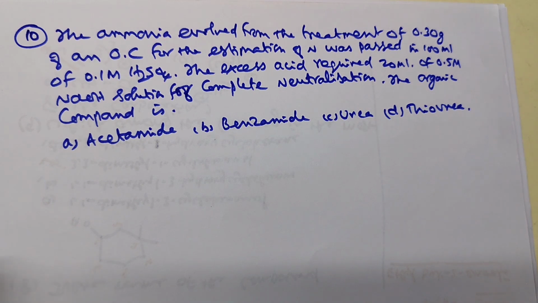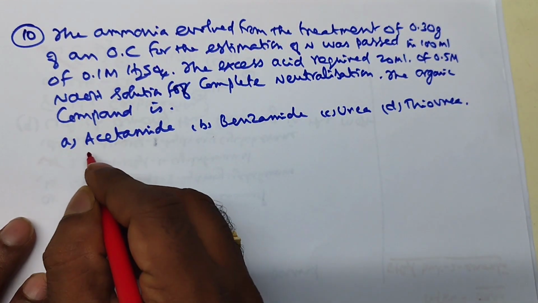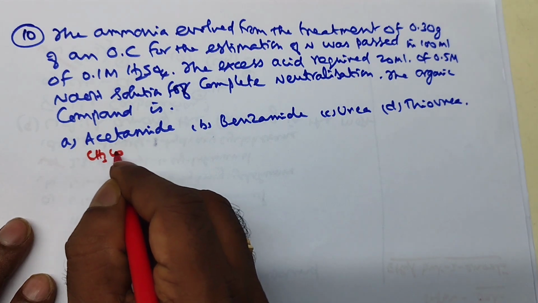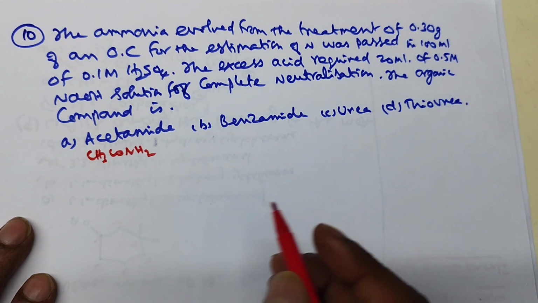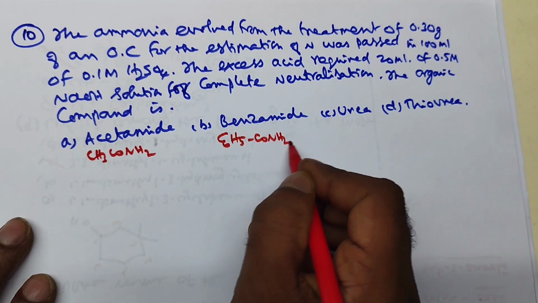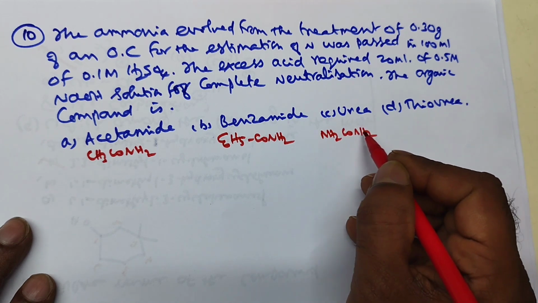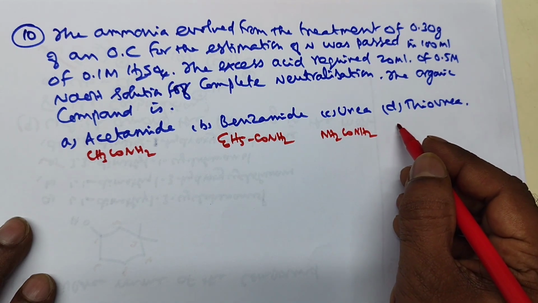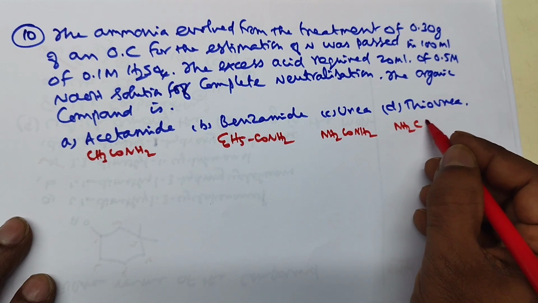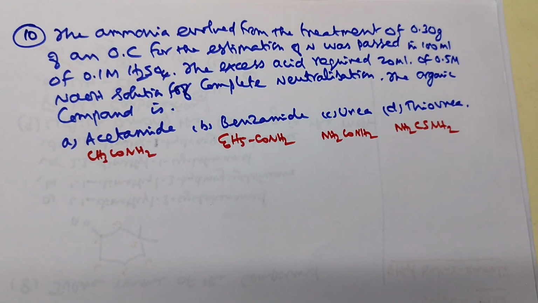First of all, you have to know the formulas of these compounds. Acetamide is CH3CONH2. Benzamide is C6H5CONH2. Urea is NH2CONH2. And thiourea is NH2CSNH2.